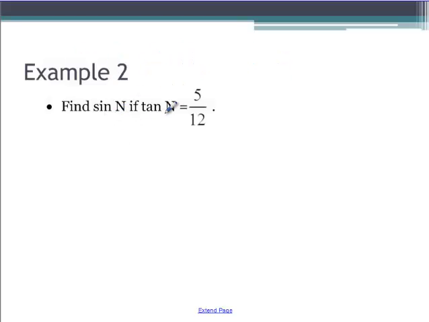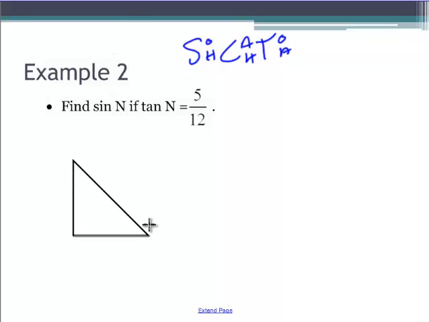So find sine of n if tangent of n is 5/12. So SOHCAHTOA. I need to find sine if I know the tangent. So let me get a triangle here. We know that the tangent of n, let's call this n, is 5/12. Tangent is opposite over adjacent, means 5 is the opposite, the adjacent is 12.